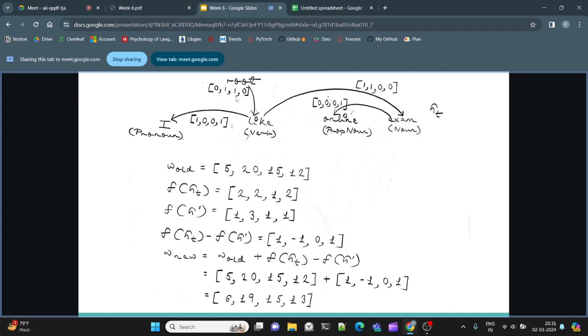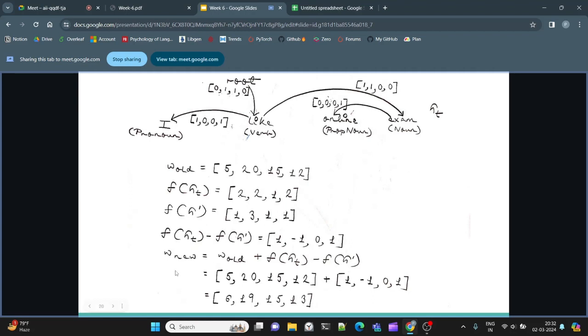So F3, the third one, is 1. Here, is wi root? No, so it's 0. Here wi is again not root, so it's 0, and here also it would be 0. Like we discussed in the previous slides, similarly here also you need to find out the values of each of the features.